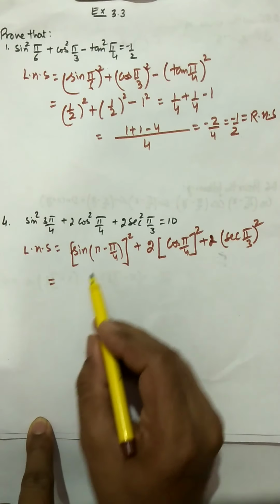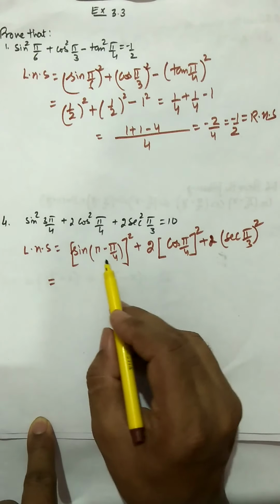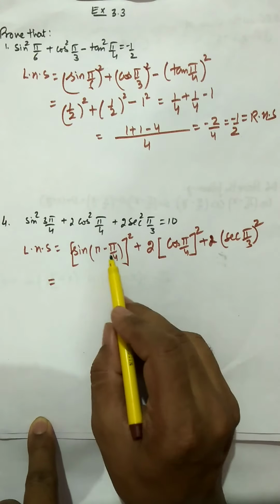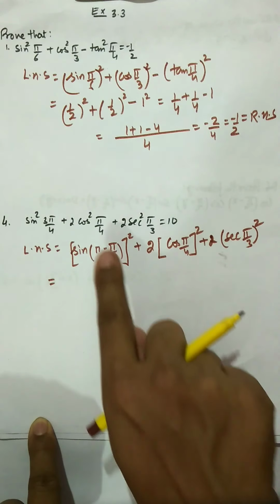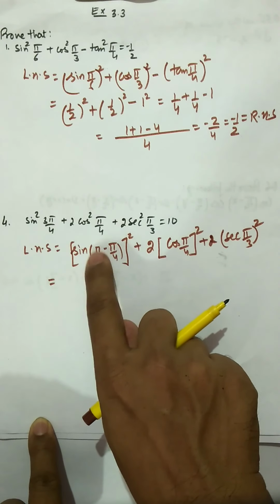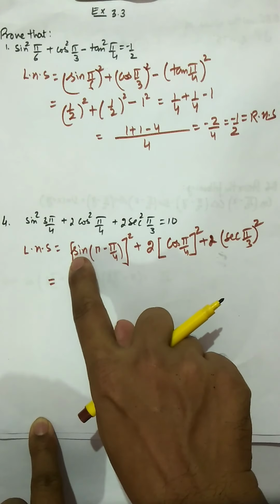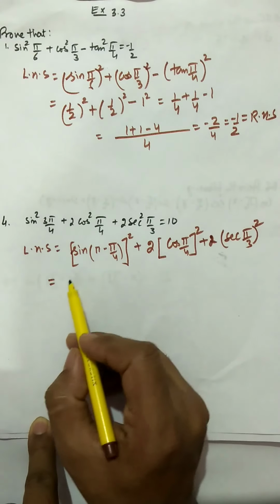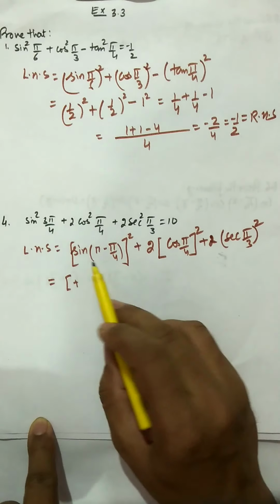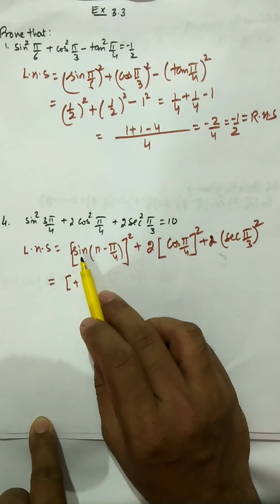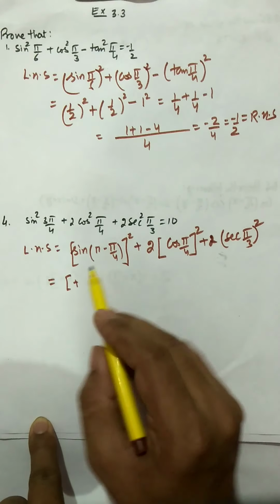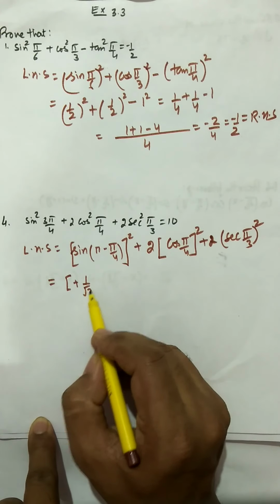Now we'll substitute the values. Sine of pi minus pi by 4 is in the second quadrant, and in the second quadrant sine is positive and the function will not change. You have to see two things. This is pi minus theta, so it is in the second quadrant. In the second quadrant the sign is positive, so we put positive and the function will not change. So sine pi by 4, and sine pi by 4 is 1 by root 2.